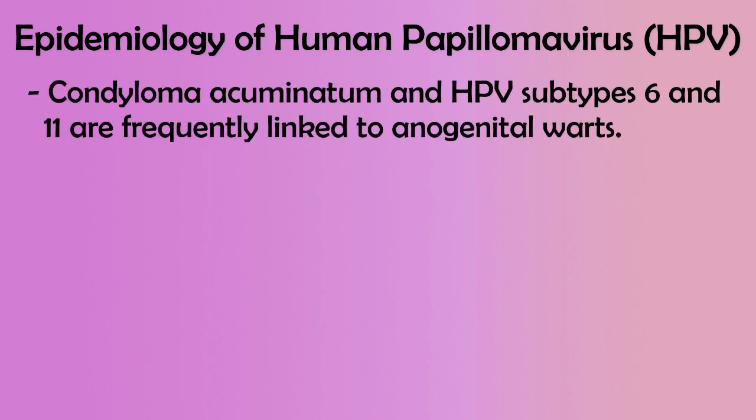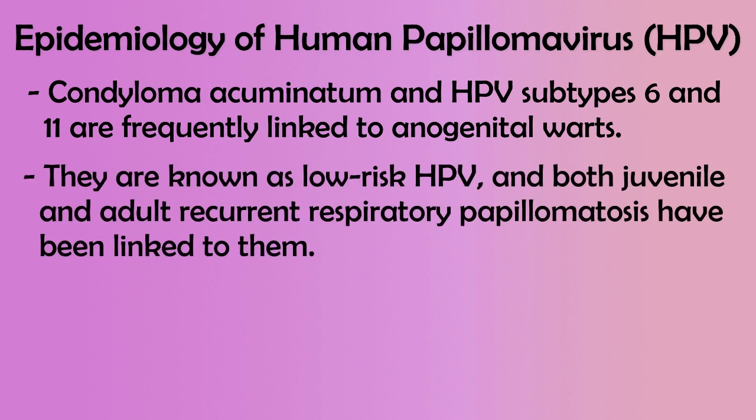Condyloma acuminatum and human papillomavirus subtypes 6 and 11 are frequently linked to anogenital warts. They are known as low-risk HPV, and both juvenile and adult recurrent respiratory papillomatosis have been linked to them.